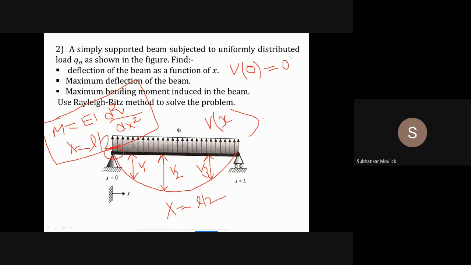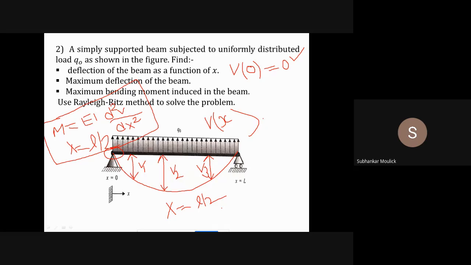That is one condition. The second condition: at x equal to L by 2, the deflection will be maximum.